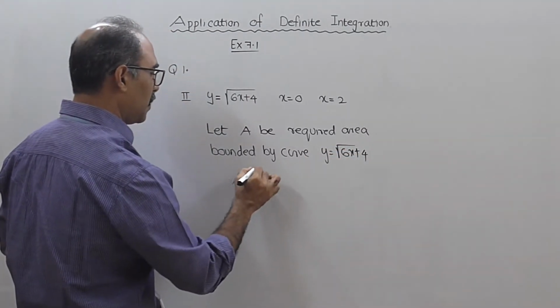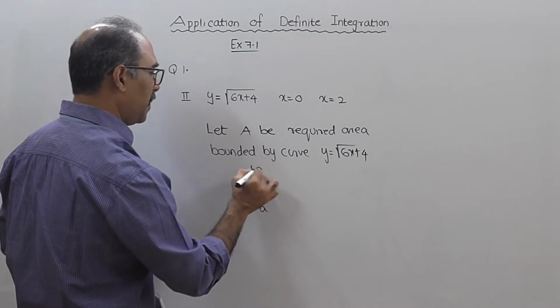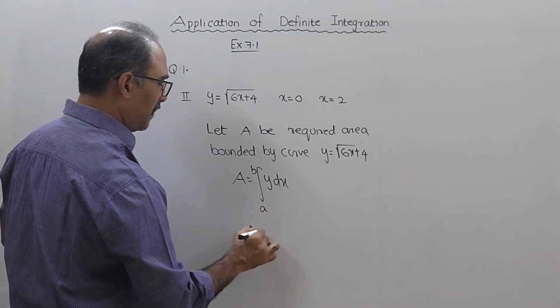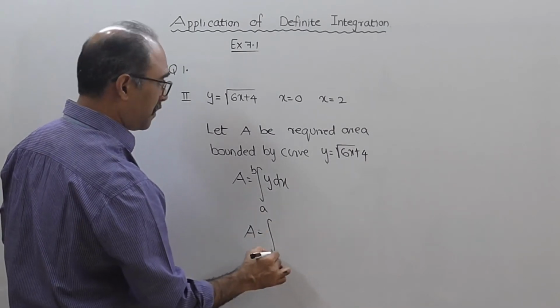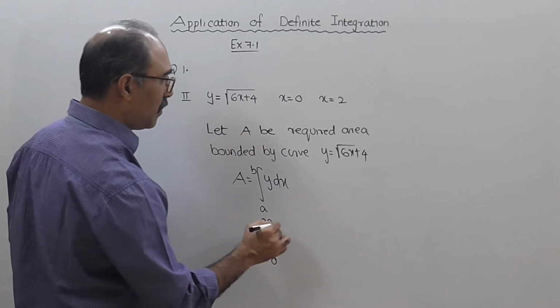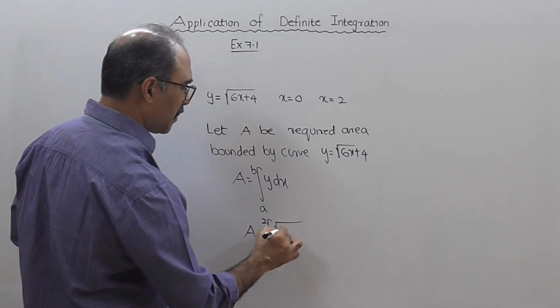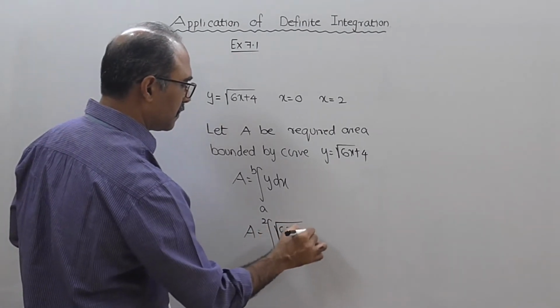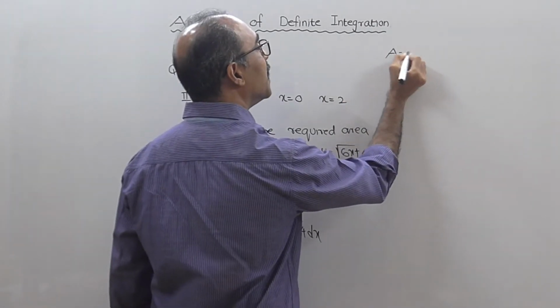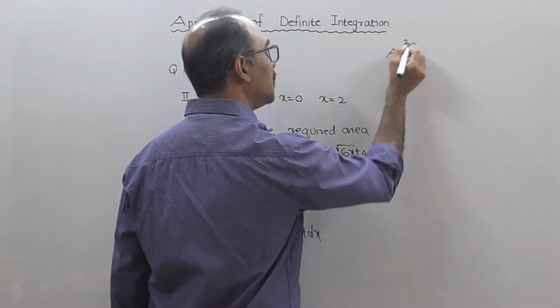So area equal to integration of a to b y dx. So the area will be integration of, smaller value down, bigger value up, square root of 6x plus 4 dx. Area equal to integration 0 to 2.